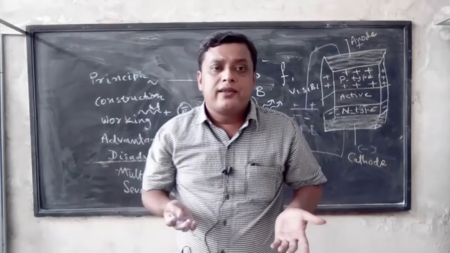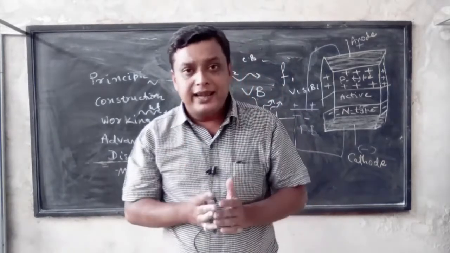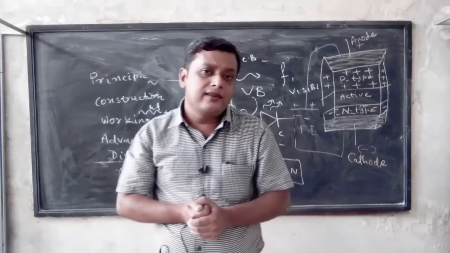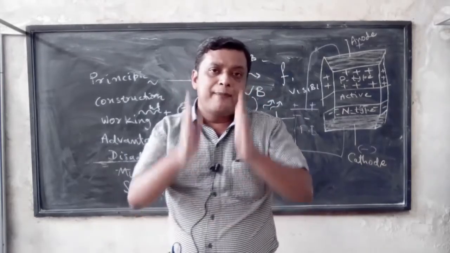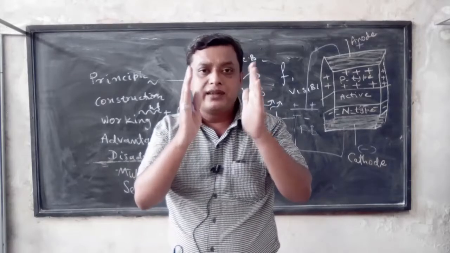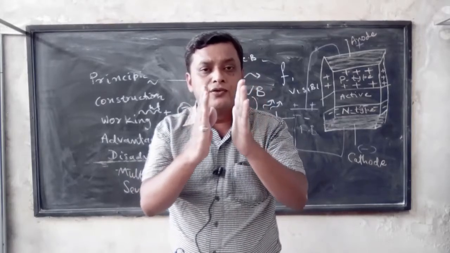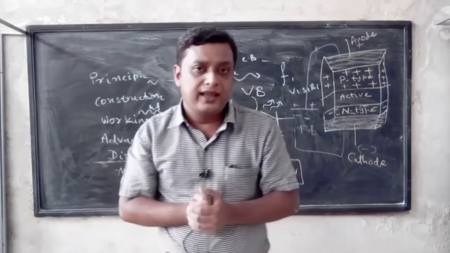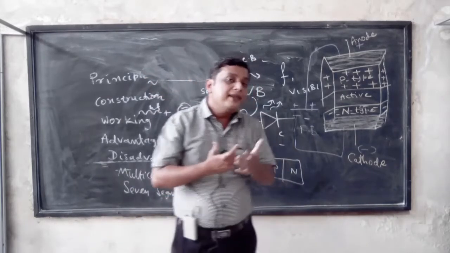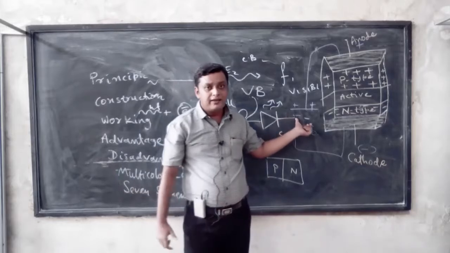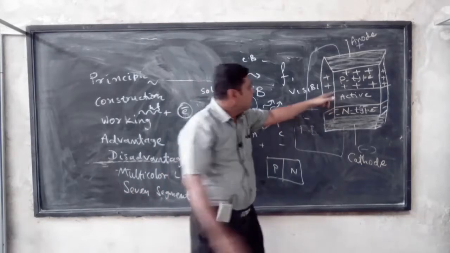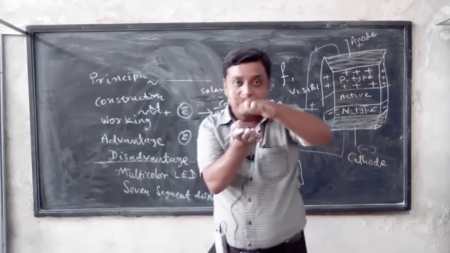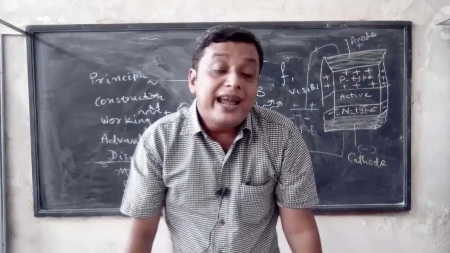Now, what happens if I am connecting a diode under the forward biased region? We know that the depletion barrier of this diode starts to reduce in size, reduce in area. So, if I am increasing the forward voltage across this LED, this depletion barrier starts to decrease.